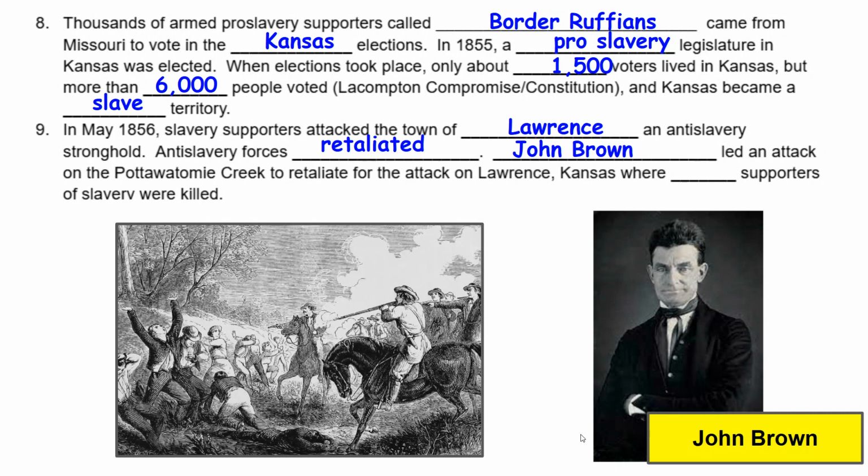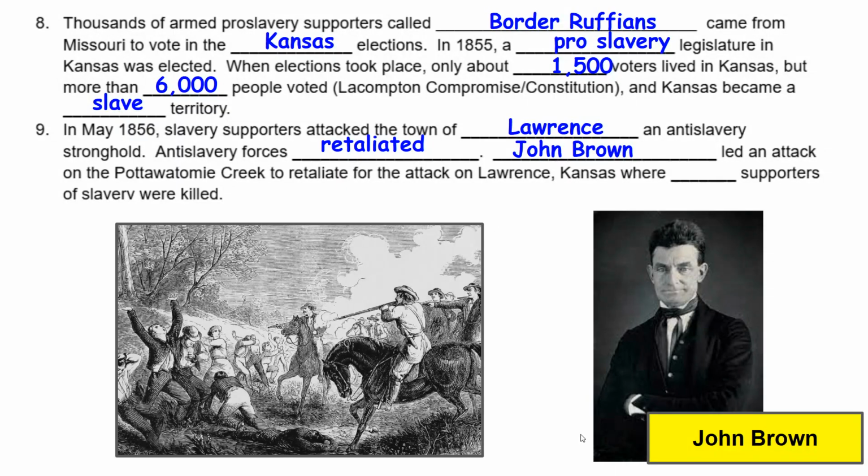John Brown was an abolitionist, had a big family. They came from back east. They had moved to Kansas after the Kansas-Nebraska Act was signed in. And they decided that they were going to fight slavery, but to do it by force.